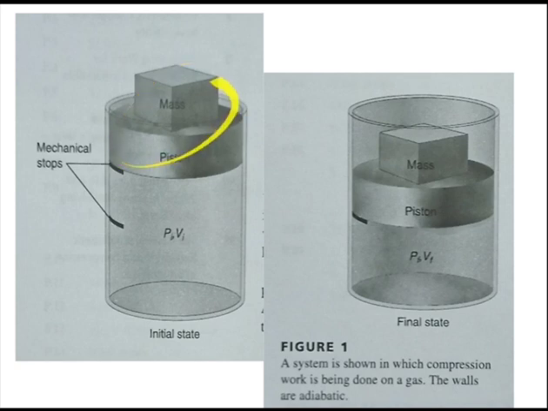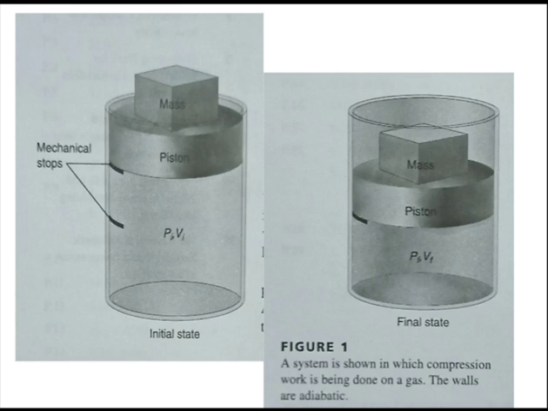Means this piston is weightless and movable, and the walls of the container or the walls of the system are dithermal, and the system which is shown in this figure, which shows compression work, is being done on a gas. Here compression work is done on a gas and the walls are adiabatic. That means this cannot transfer heat.